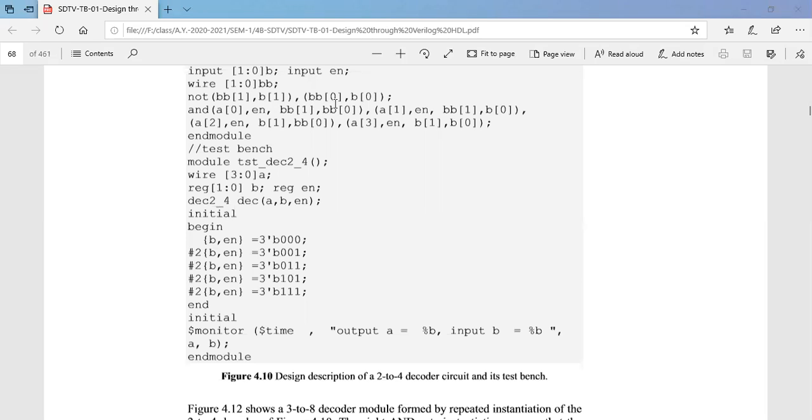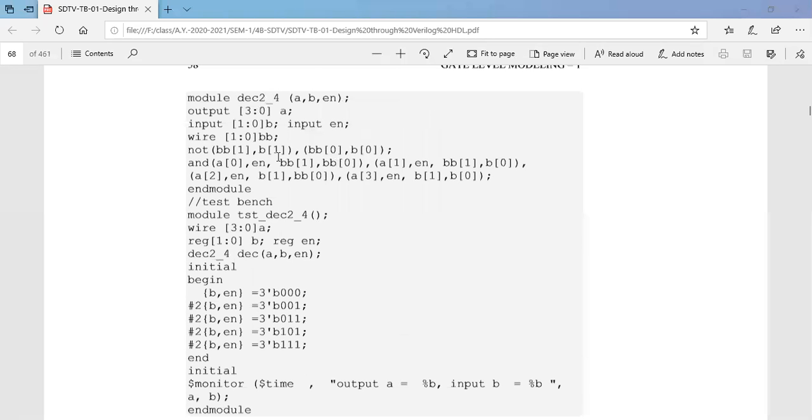So the signals what we use, that means the wires what we are using here. AND gate output is A of 0 here. Here A of 1. Here A of 1.